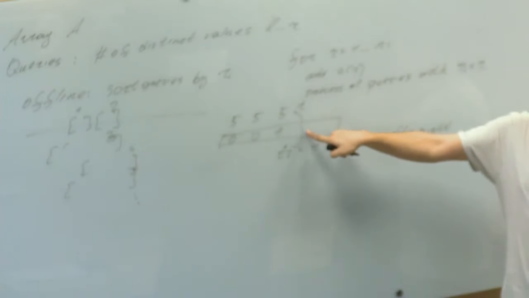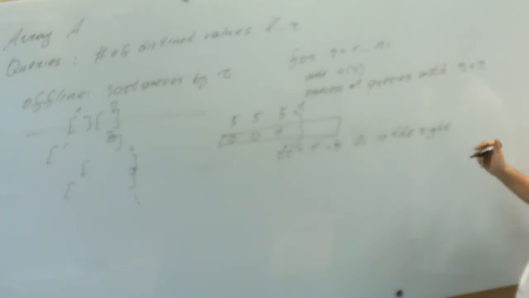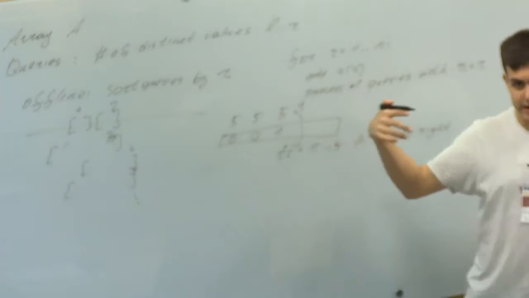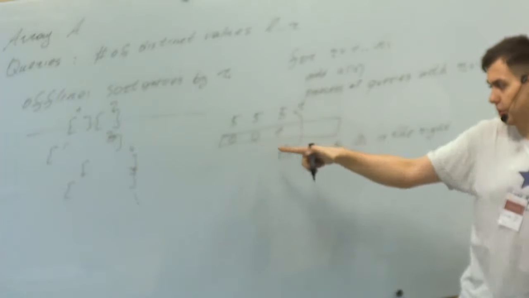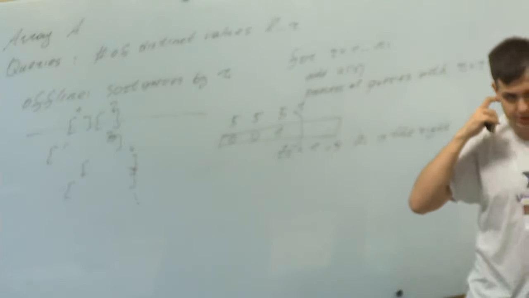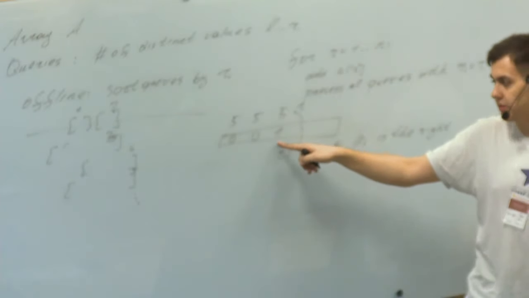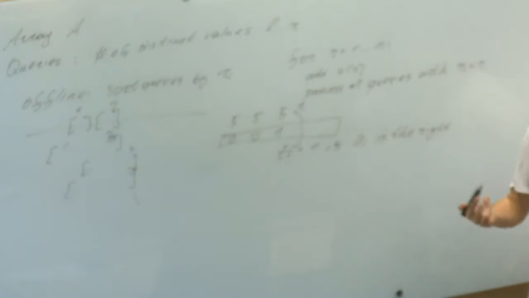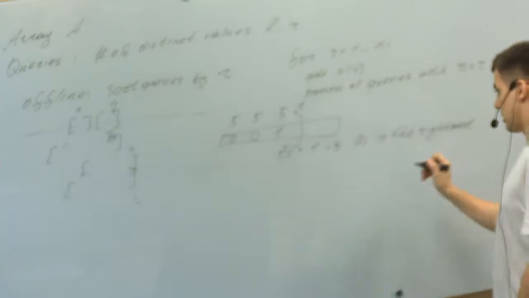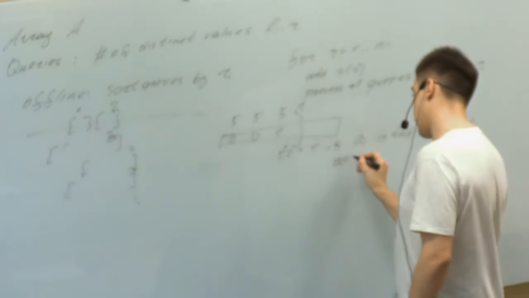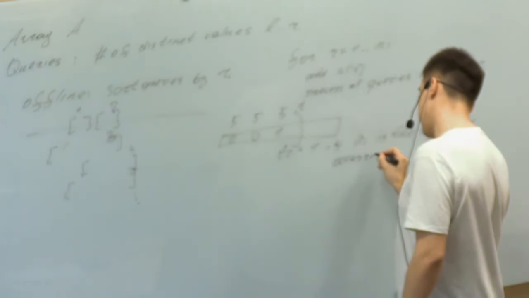So there is this right border R, and in the segment tree, we'll store 0 if it's not the rightmost occurrence, so if there is the same value to the right, and we will store 1 if it's the rightmost occurrence of A_I.